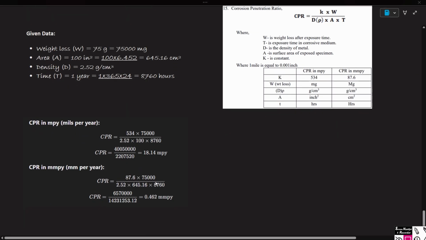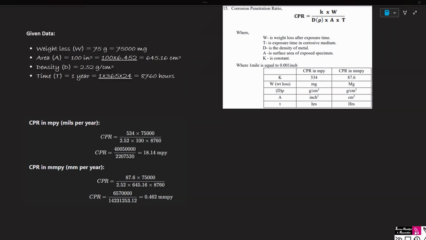Now coming to MMPY. MMPY stands for millimeter per year, the corrosion penetration rate. Here the K value gets changed. Just refer to the table given in the handbook. For MMPY, the K value is given as 87.6, and the weight remains the same, 75,000 milligram. Density also remains the same. But when we write the area in MMPY, we need to convert it into centimeter square.